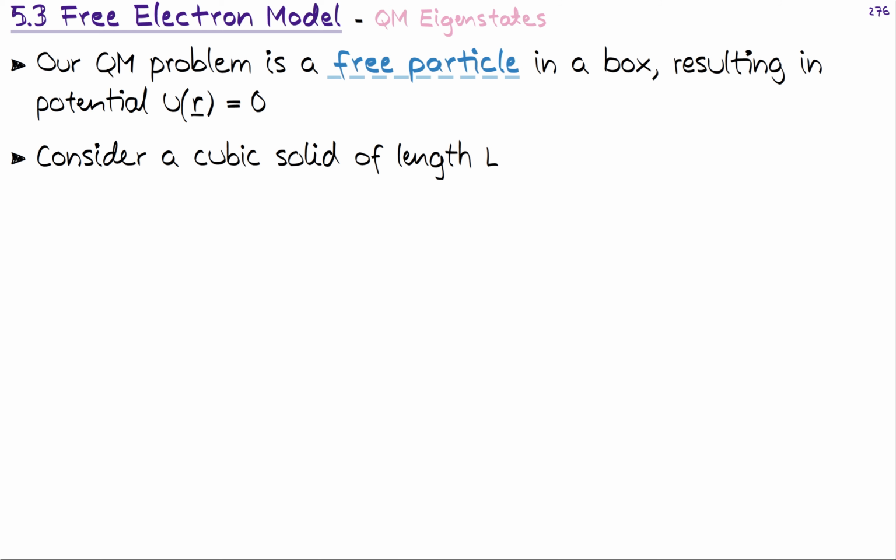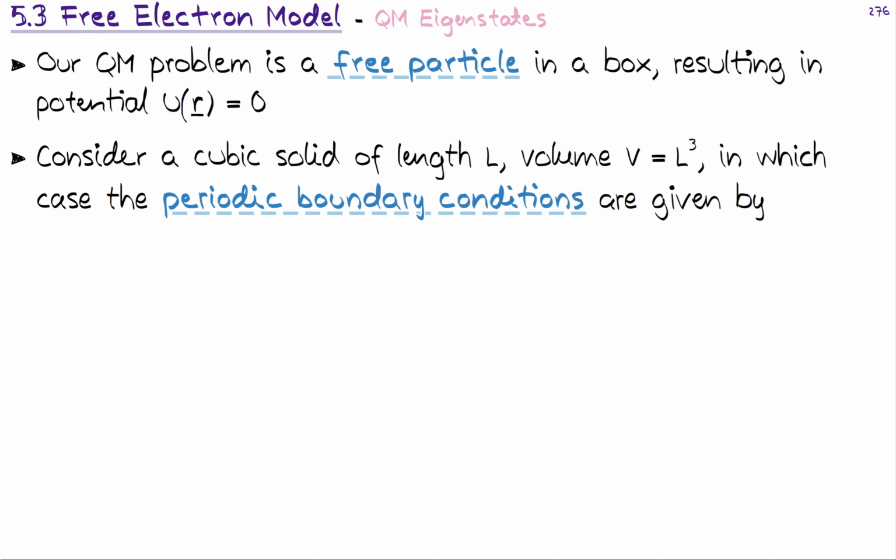The length of the solid cube will be L, and of course the subsequent volume V will be L cubed. And these are our periodic boundary conditions, and then the wave function that is associated with our electron in this periodic system must comply with the lattice periodic function restriction. So psi at a position R, in Cartesian basis at x, y, and z, must be equal to the wave function psi at a position x plus L, the length of the piece of cubic solid we are treating, plus y and z.